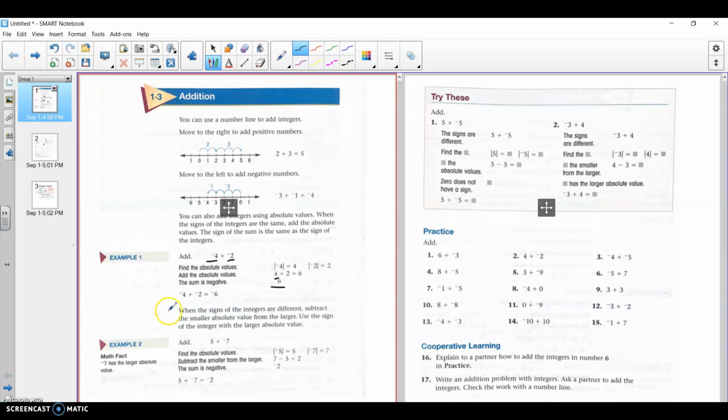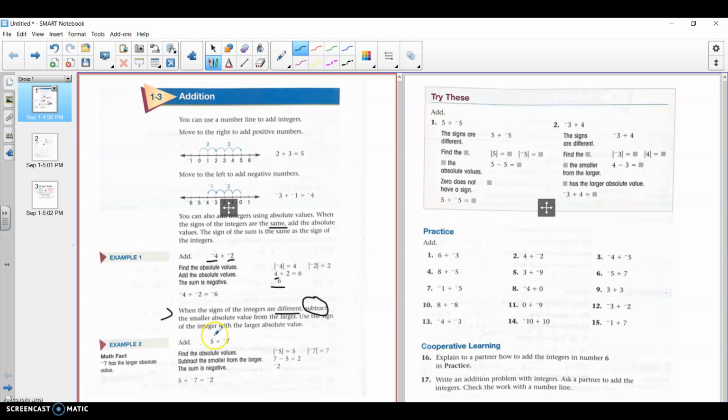Next part here, we're going to go to example 2, but we're going to need to read this section here. When the signs of the integers are different, up here, you've got to go back. This is the same. Now we're on different. You are going to subtract, when they're different, the smaller absolute value from the larger. Use the sign of the integer.